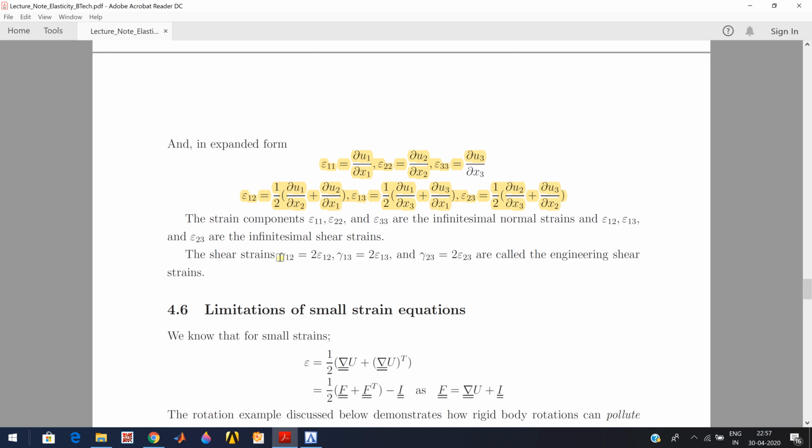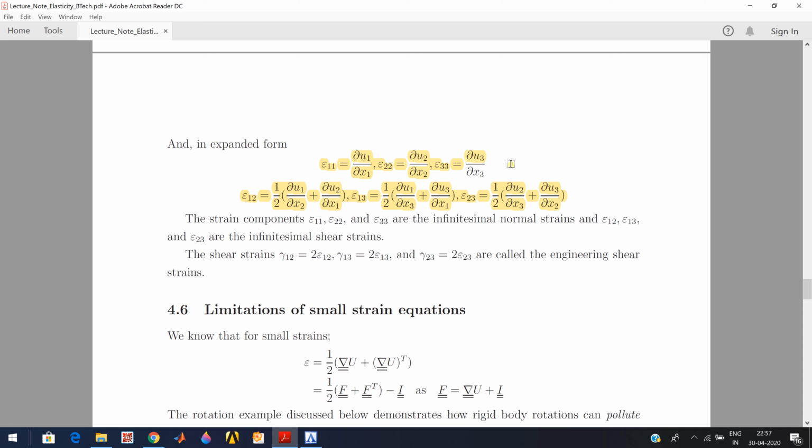So this has to be noted because we get a lot of confusion at a later stage. So if we have a tensorial definition of epsilon, which is the infinitesimal strain tensor, that is a tensorial strain, and those tensorial strain components are related using the engineering strain definition this way.